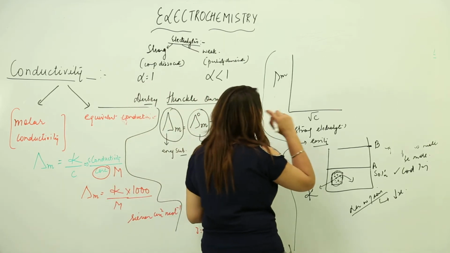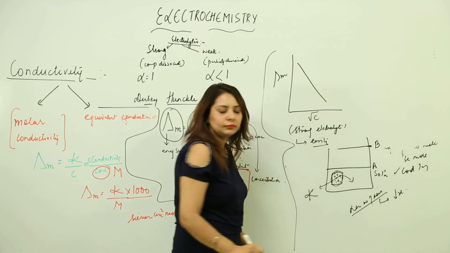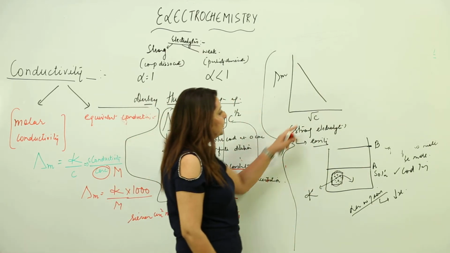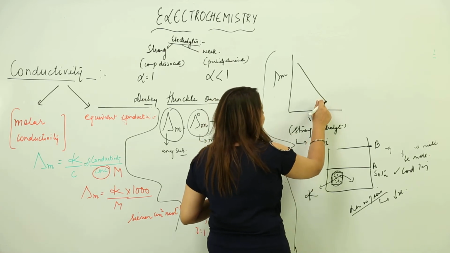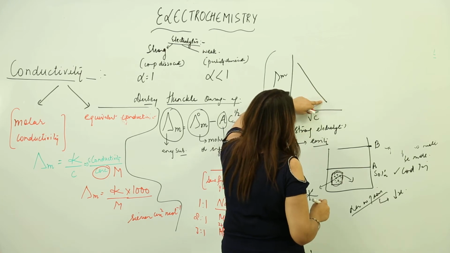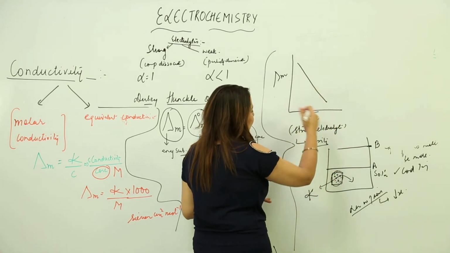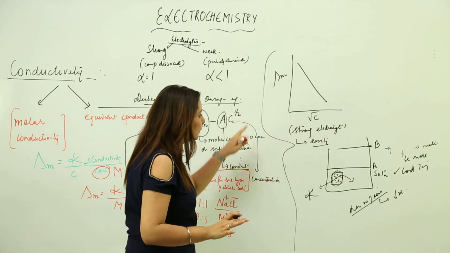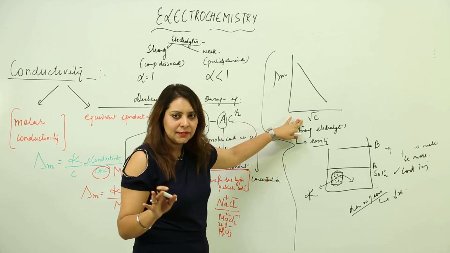So we see that the graph appears like this. I am decreasing the concentration. As you can see, we started from here. Again, for a strong electrolyte we are plotting molar conductivity against concentration, right?